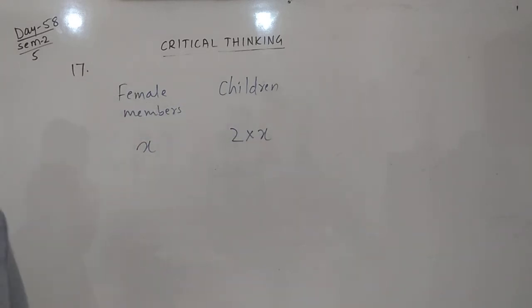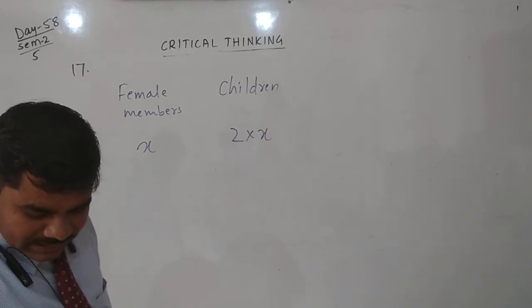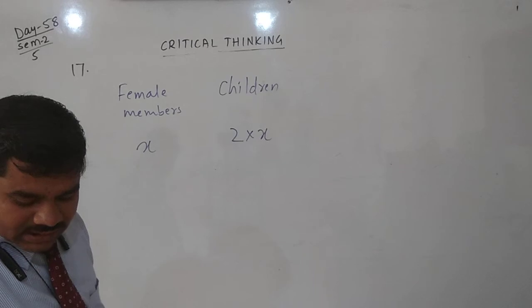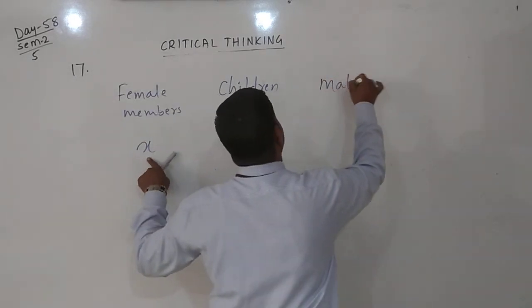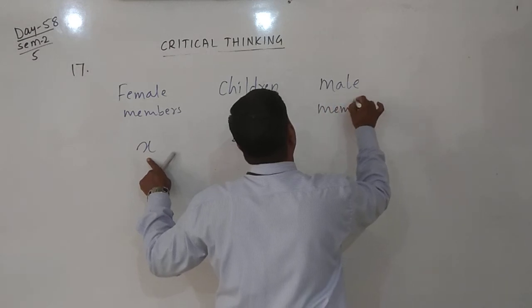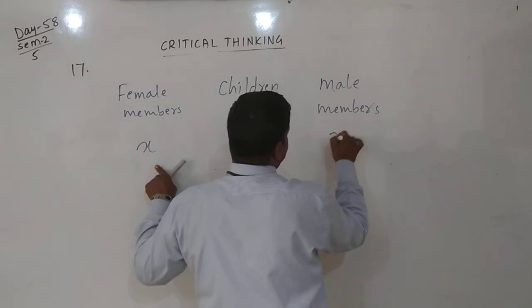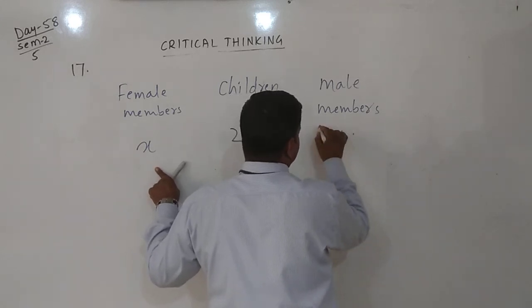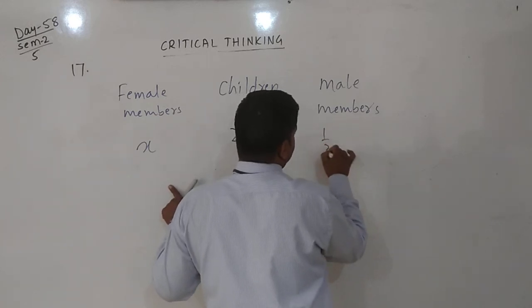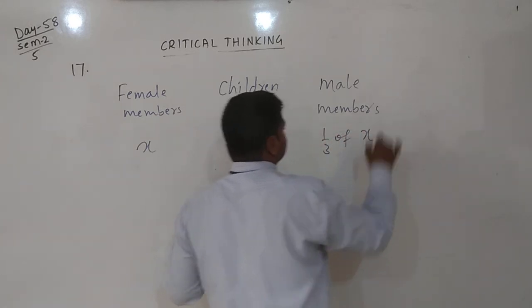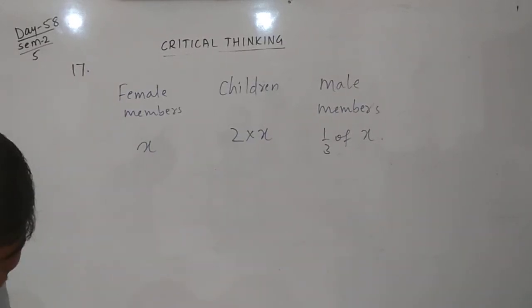Then male members were 1/3 of the female members. Female are X, so male members are 1/3 of X. Then what is given?